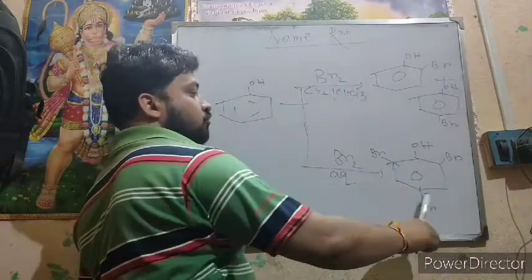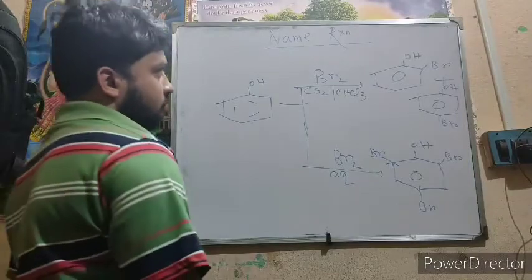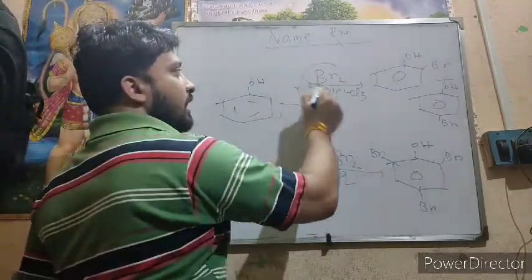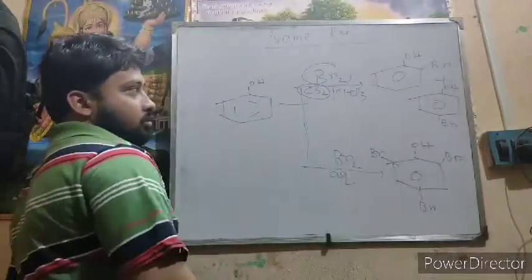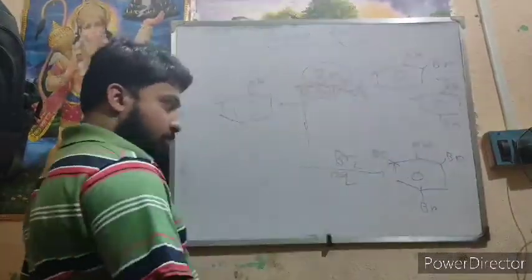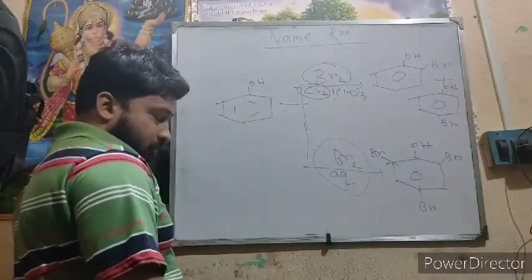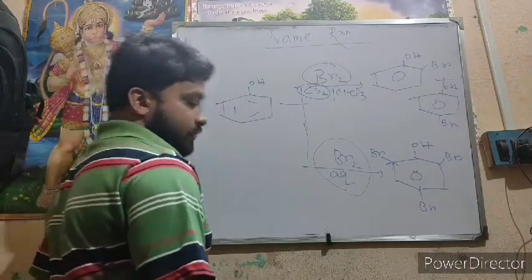So you can write 2,4,6-tribromophenol. This reaction is bromination. If you use CS2 as a solvent with Br2, you get both ortho-bromophenol and para-bromophenol. If you use aqueous Br2, you get 2,4,6-tribromophenol. This is the bromination reaction.